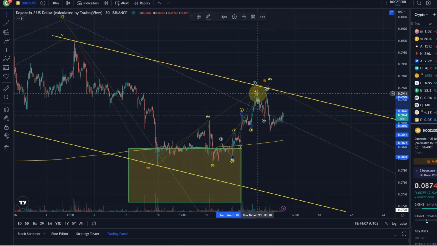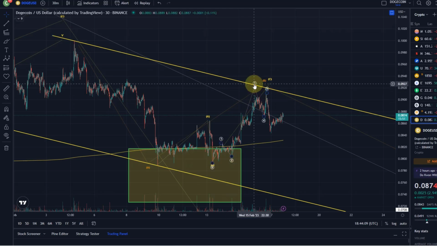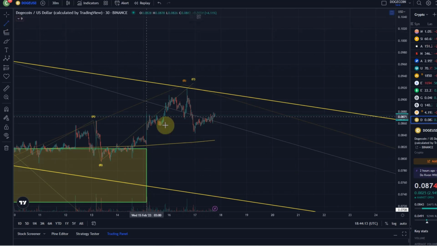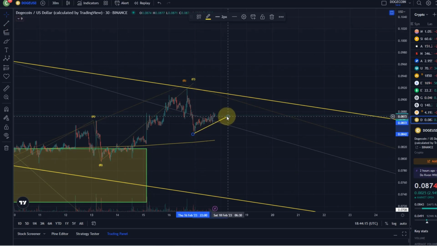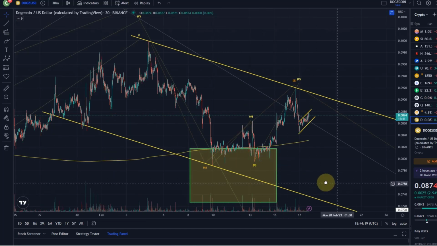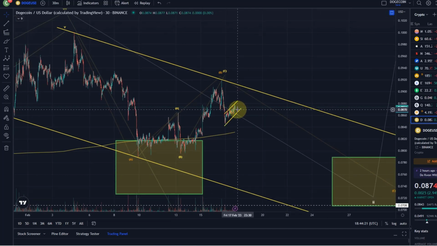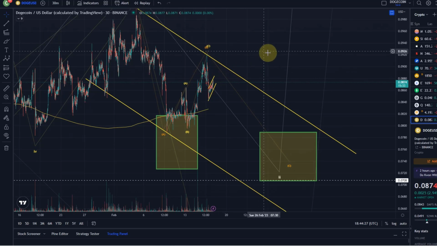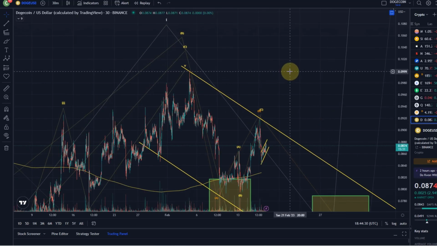So at the moment this is looking like a B wave, and the move down looks like a bear flag. If you break out of the channel to the downside, I think that would give additional evidence that the move down is progressing, whereas a break above the descending channel would indicate further upside would be possible, probably in the first instance to around 10 cents.